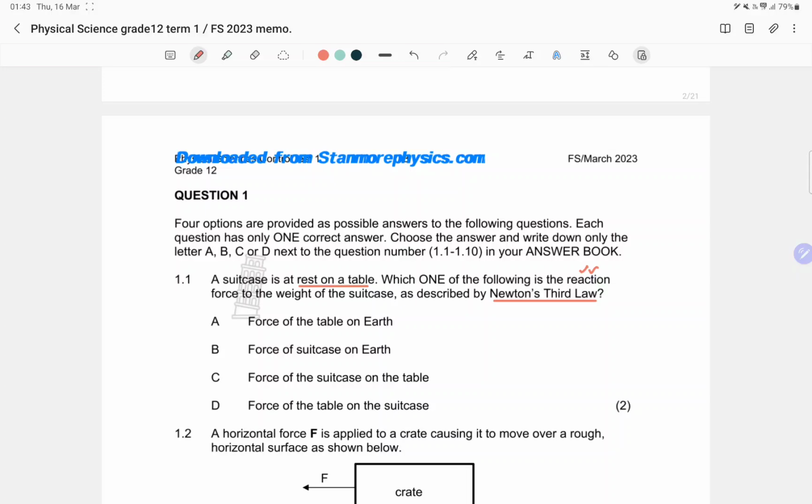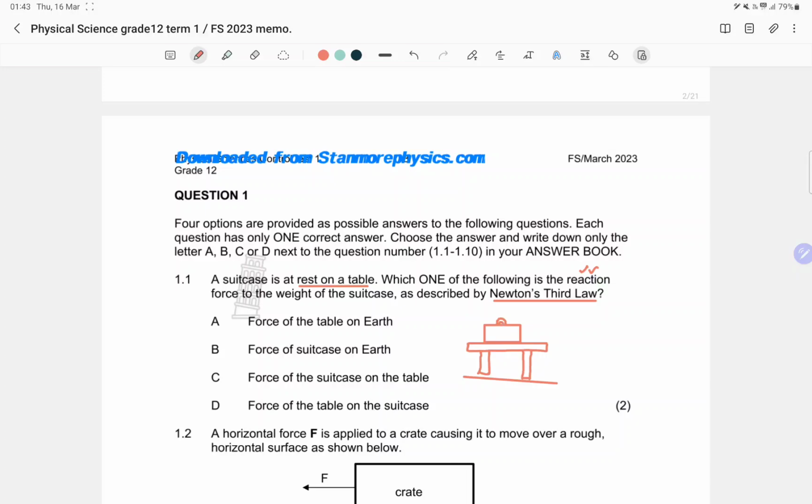So what is going on in here? Well, we know that we have a table, and then there is its little leg, and that's the ground. And then we've got our suitcase here, with the handle and stuff.